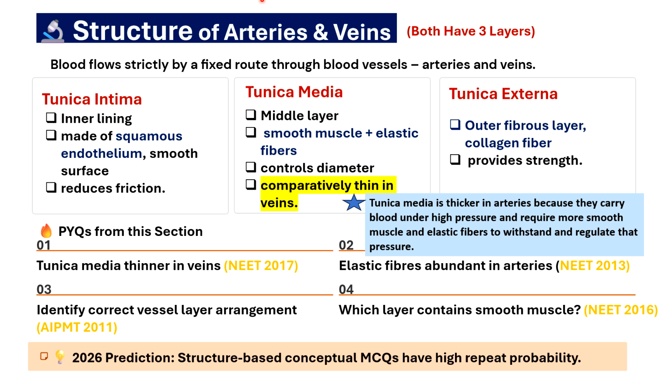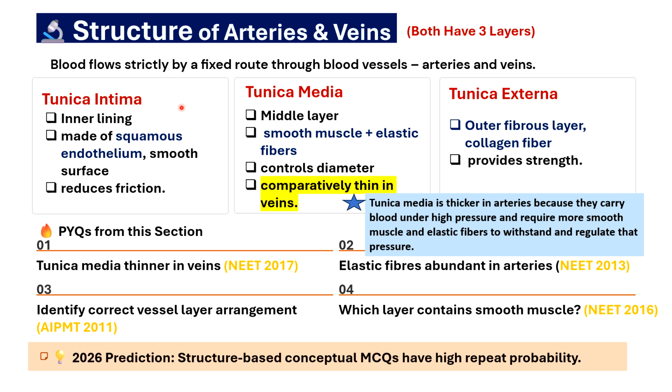Coming to the structure of arteries and veins, both of them have a three-layered structure. The outermost is tunica externa, the middle is tunica media, and the innermost is the tunica intima. This tunica intima, which is the innermost layer, is in direct contact with the blood.